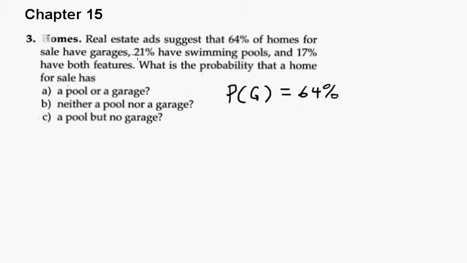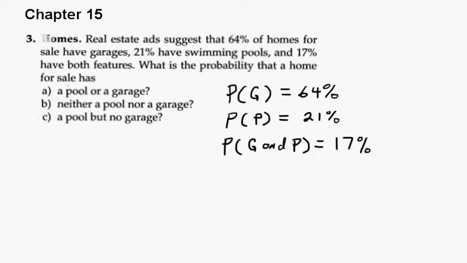Okay, and then 21% have a swimming pool. So the probability of a pool is 21%. And then 17% have both. So that would be the probability of a garage and a pool is 17%.